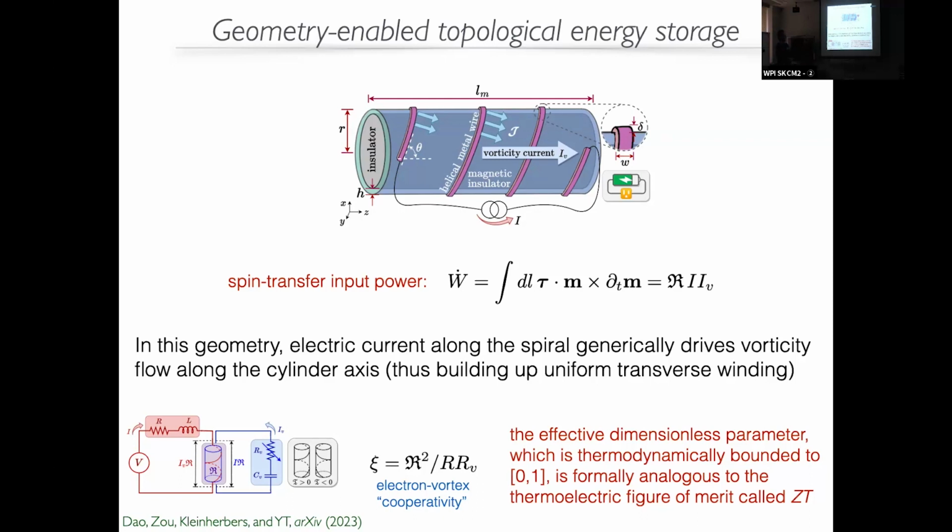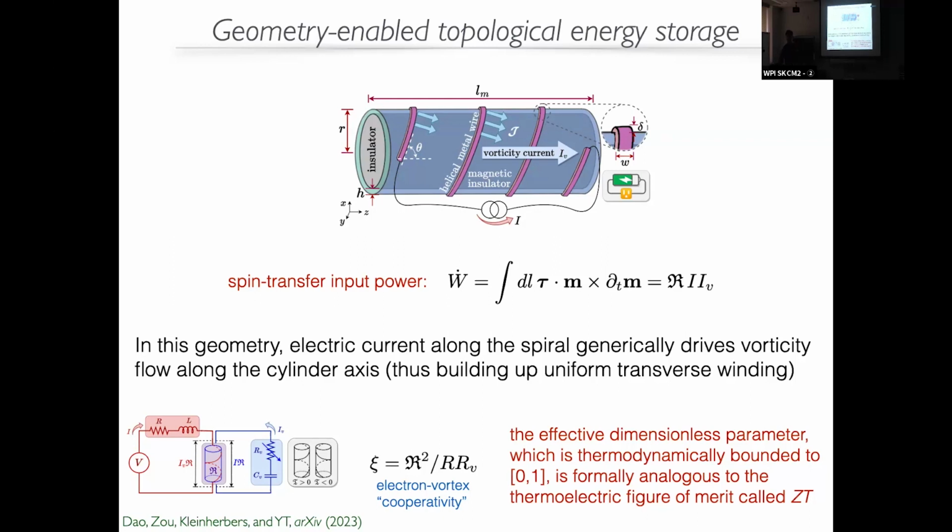From the point of view of the vortex motion, R times I is an effective voltage source acting on the topological circuit. There's only one proportionality coefficient that's relevant from both sides, and in fact it reflects Onsager reciprocity between these two hydrodynamic entities.